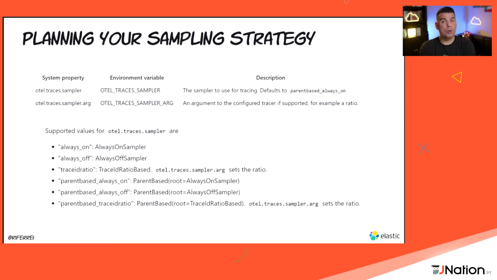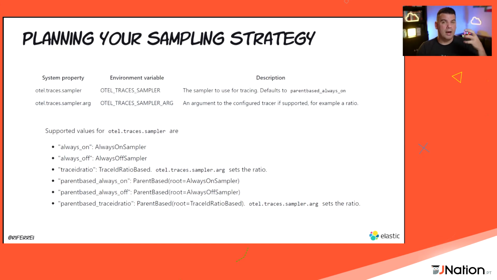Otherwise, what you want to do is configure samples of your traces. Because here's the thing: in order for you to come up with the idea that the average latency of a given microservice is 300 milliseconds for any interval of time, you don't necessarily need to calculate the average of every single call that has been executed.